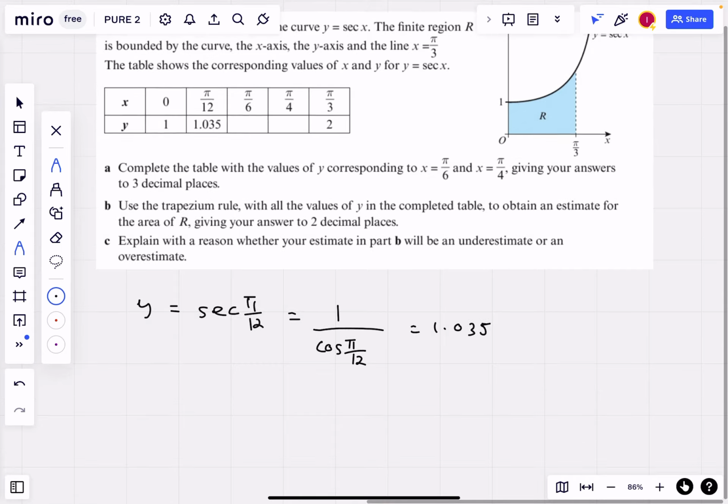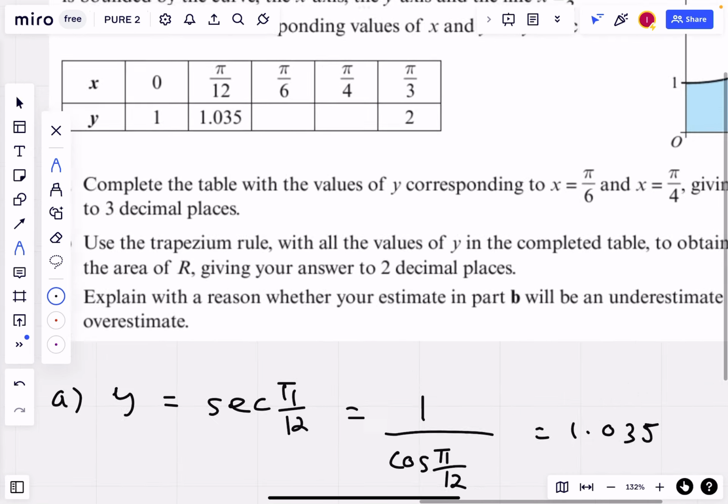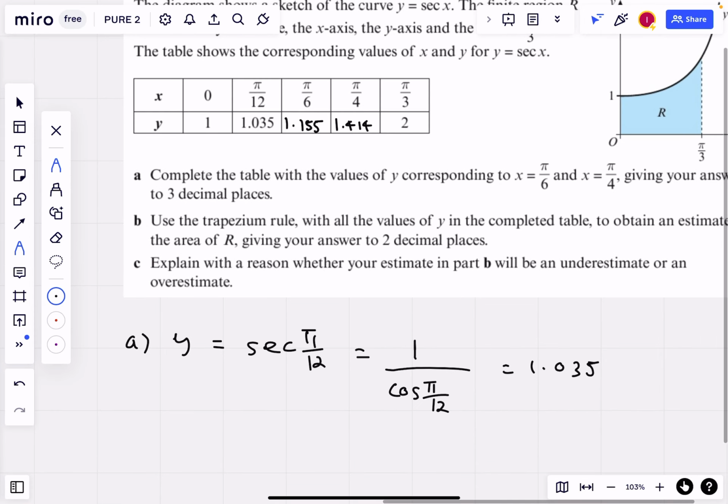So if you plugged in pi over 6 and pi over 4, what would you get? This would be 1.155. This would be 1.414. Cool. Now we're ready to use the trapezium rule.